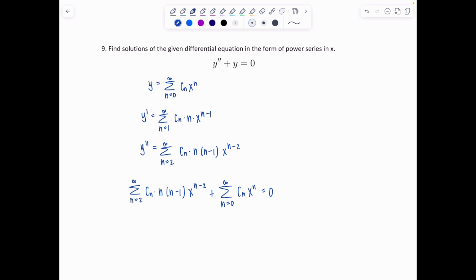First order of business in order to solve is we need the power on x to match. So how do we adjust? I'll shift the index of summation where it starts on this one to go 2 lower. That way this will go up by 2. Everywhere there's an n, I'm going to replace it with n plus 2. And then this will now start at n equals 0.